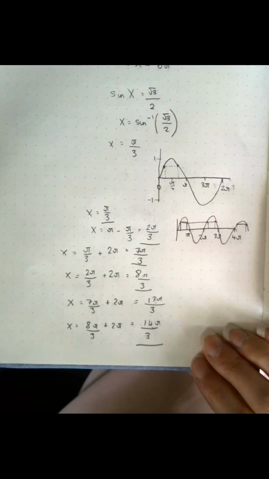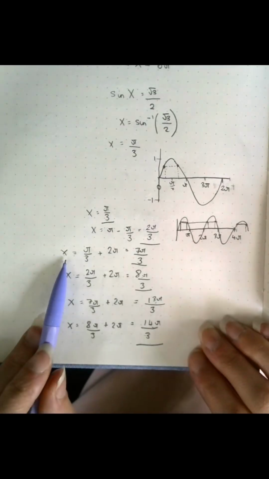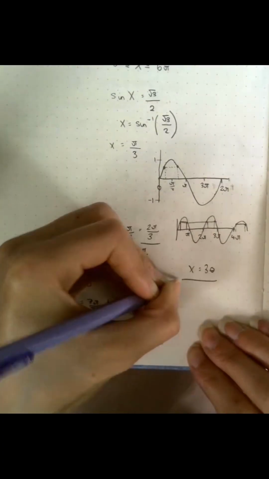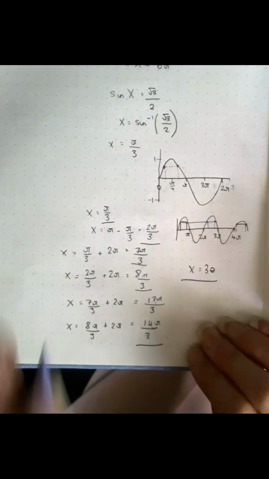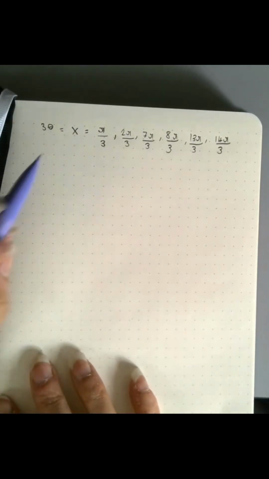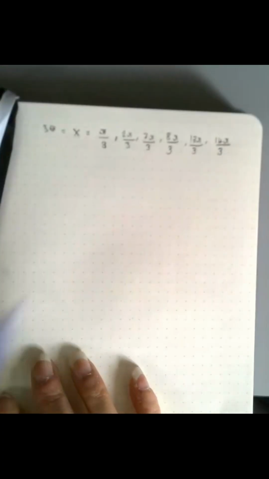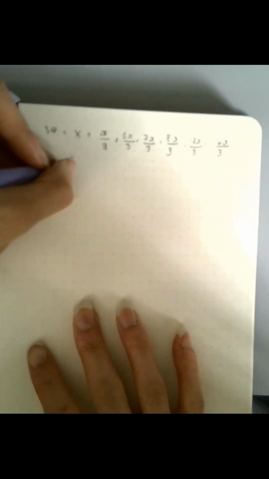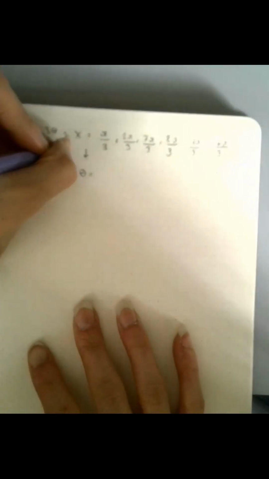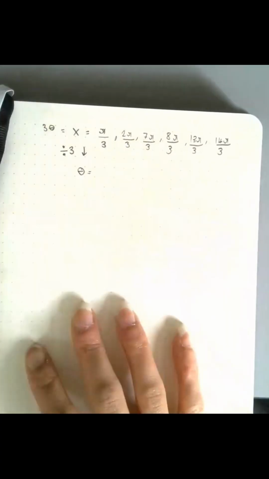But remember, these are for big X, and we said that big X is equal to 3 theta. Now we're trying to solve for theta, not 3 theta, so we need to convert all of those. They're my solutions for 3 theta. So to find theta, I just need to take all those values and divide by 3.